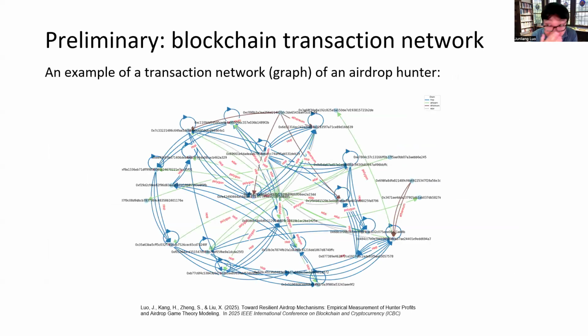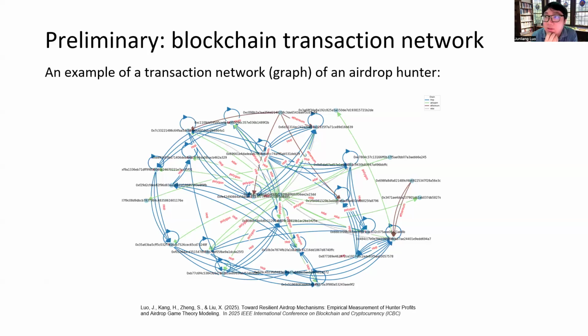Okay, and the last part of this preliminary is transaction network. So in this presentation, I will basically talk about my personal research experience, and I have always been interested in this kind of network. An example of the transaction network is this. From the paper we recently published at the IEEE conference on blockchain and cryptocurrency, we care about airdrop hunters.